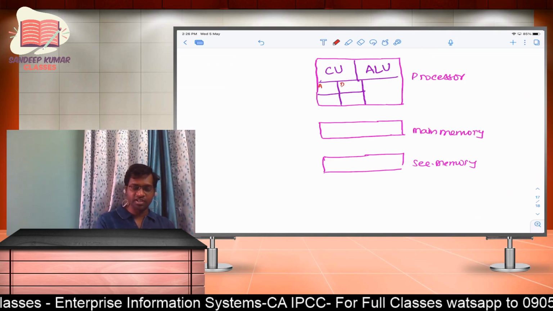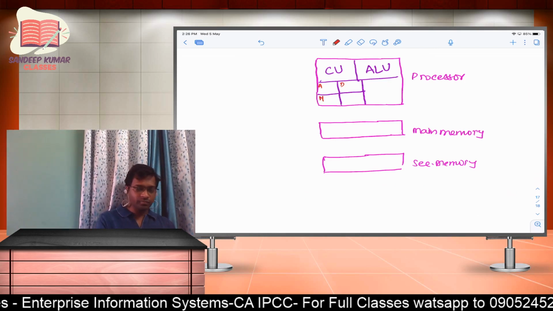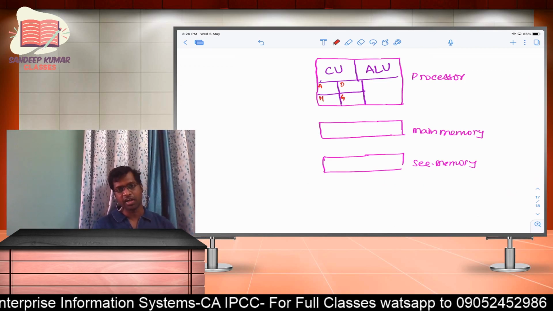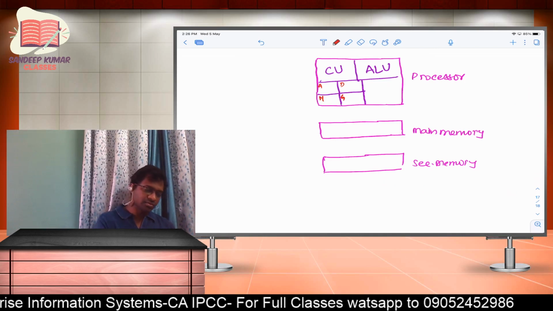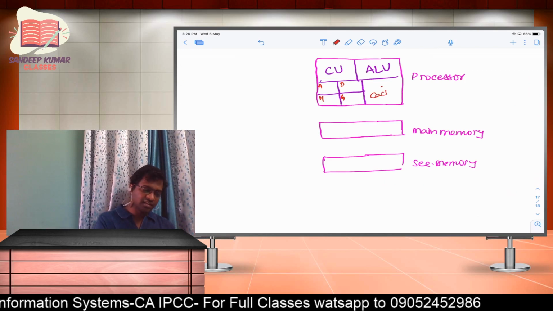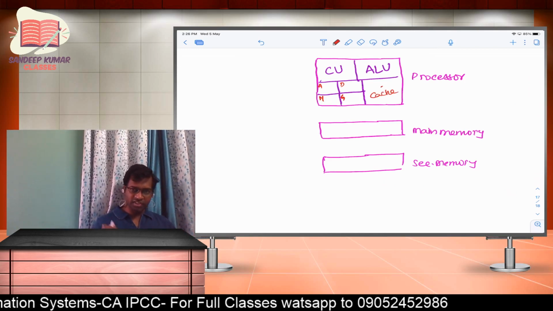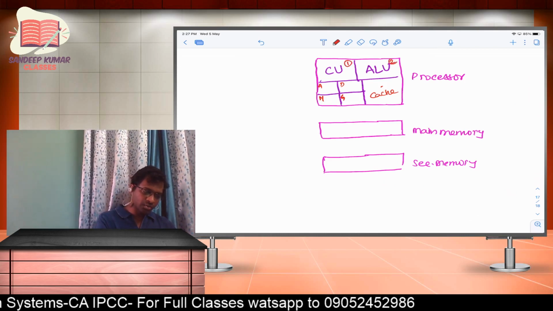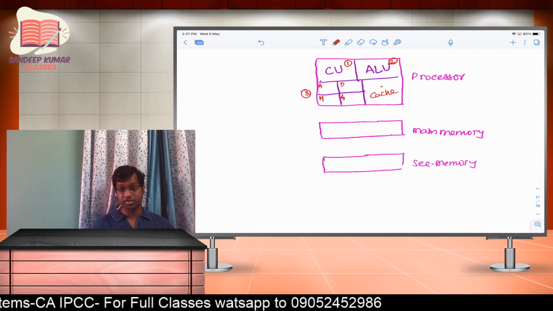Remember, A means accumulator, D means data register. Third is the memory register, and fourth is the general purpose register. What is this part? This part is nothing but the cache. So a processor has three functional units: control unit, ALU, and registers.